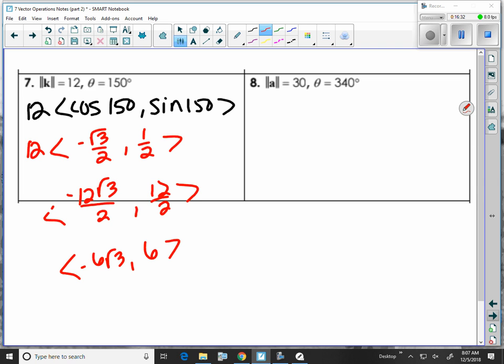Number 8 is going to be a little bit different. So let's dive into number 8 here. Go ahead and write your component form. Do you see 340 on the unit circle? No. So here's how we do that. Go ahead and grab your calculator.